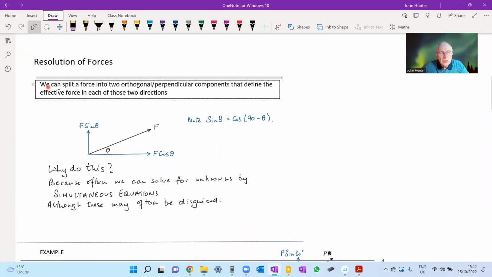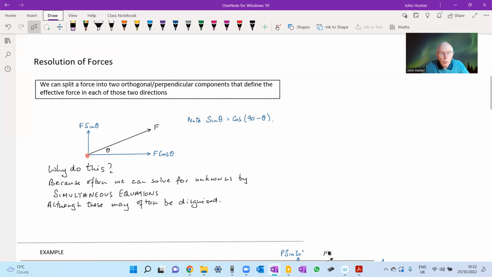What does this say? We can split a force into two orthogonal, which means perpendicular, components that define the effective force in each of those two directions. So here we've got a force F acting in this direction, and it makes an angle theta with the horizontal.